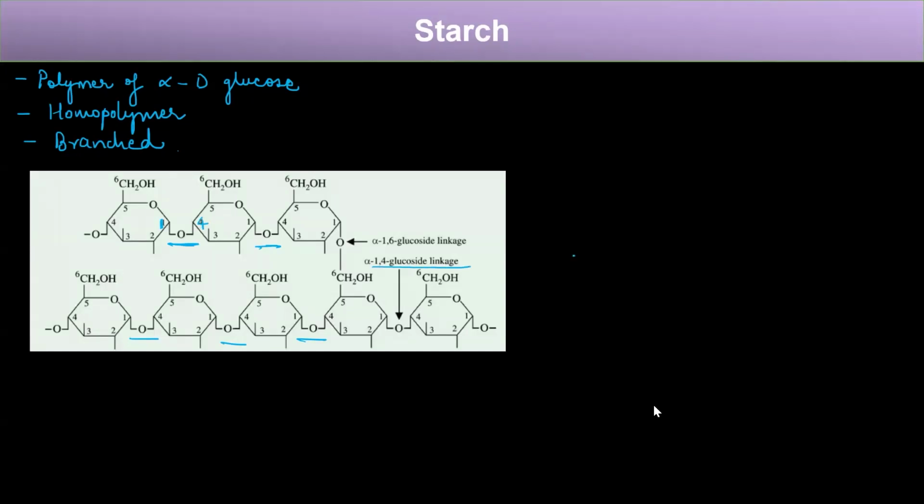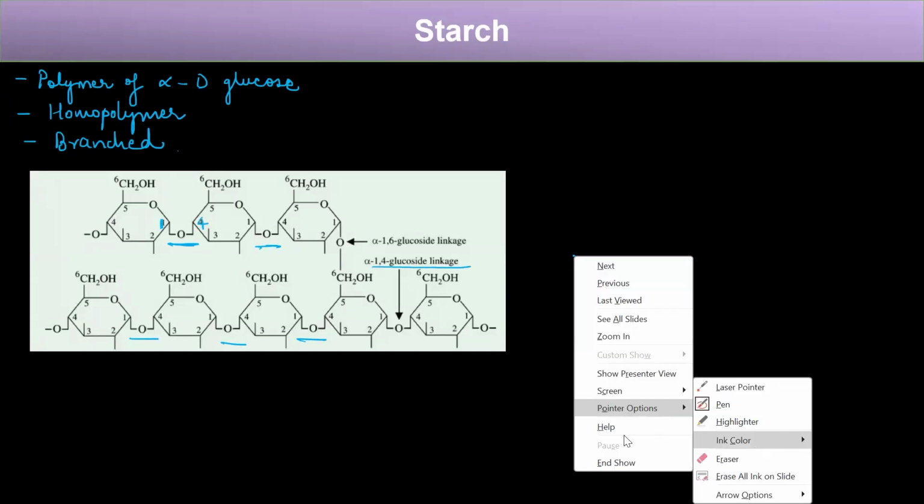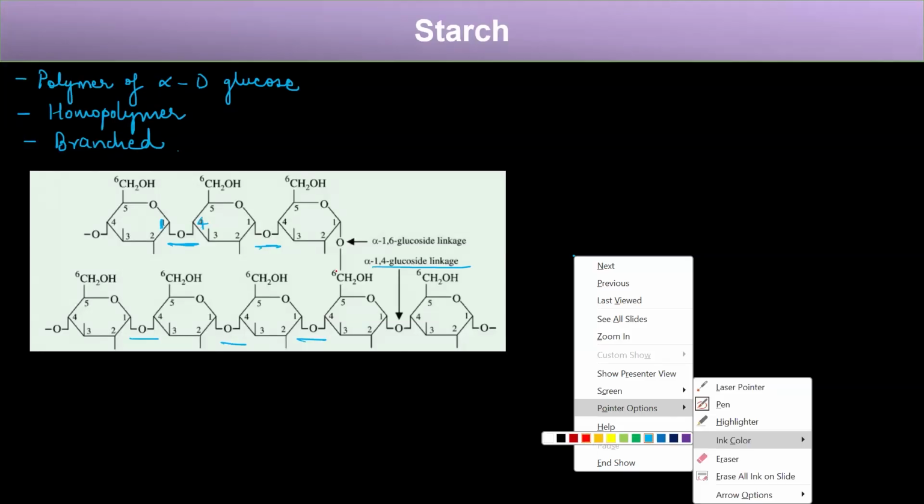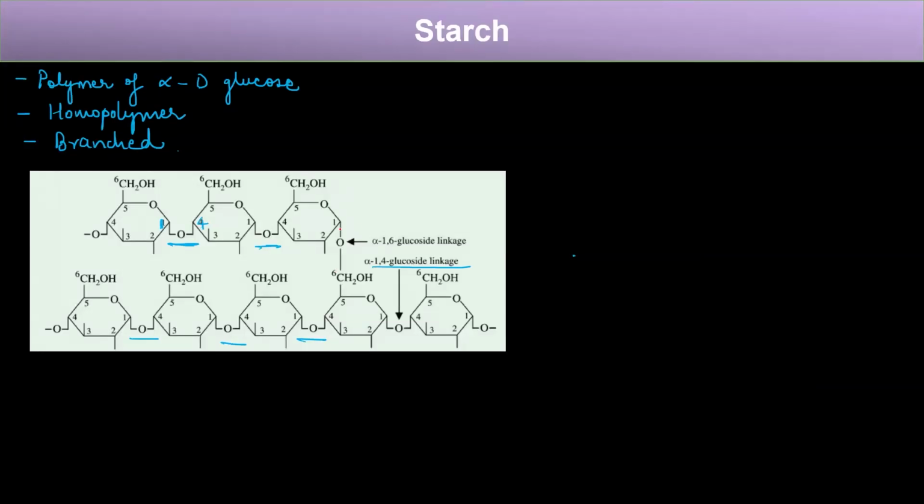But apart from alpha 1 4 linkage, we can also see a different type of linkage, and this linkage is present here. This linkage is known as alpha 1 6 linkage. Why? Because this linkage is between the first carbon of one sugar molecule and the sixth carbon of another. Hence, it is known as alpha 1 6 glycosidic linkage.